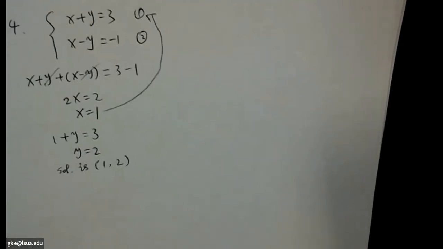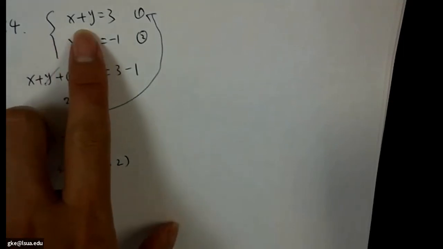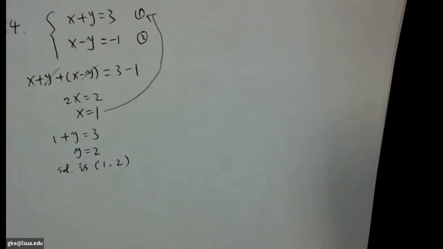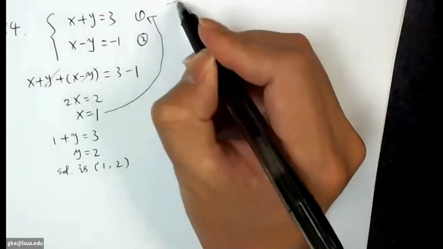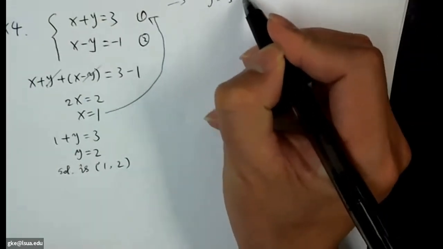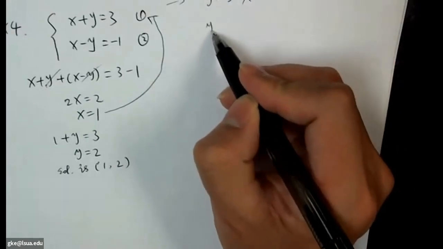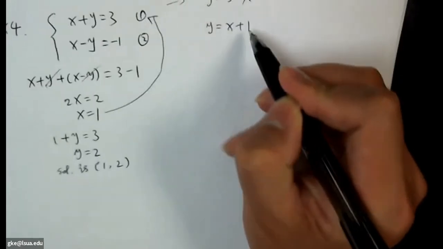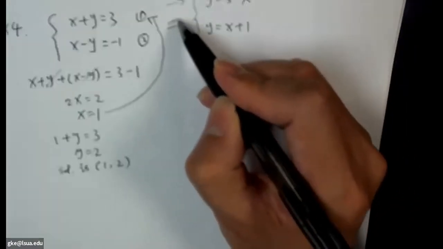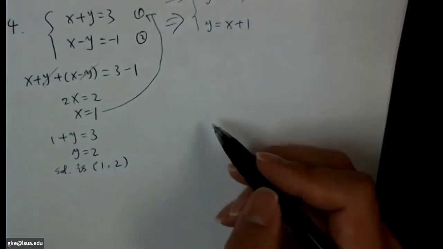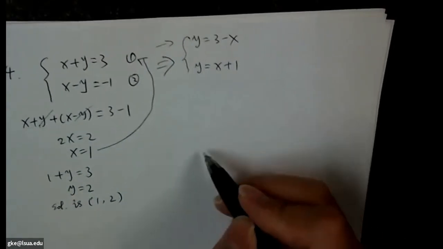Now we also can draw a picture, because these are linear equations. A linear equation represents what? A line. Have you learned the line equation from your college algebra? I think so, right? So for the first equation, you can write it as y equals 3 minus x. For the second equation, you can write it as y equals x plus 1. And we can draw a picture.